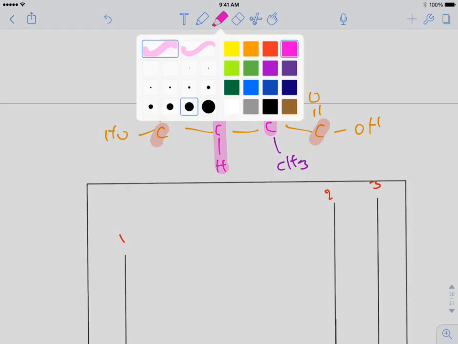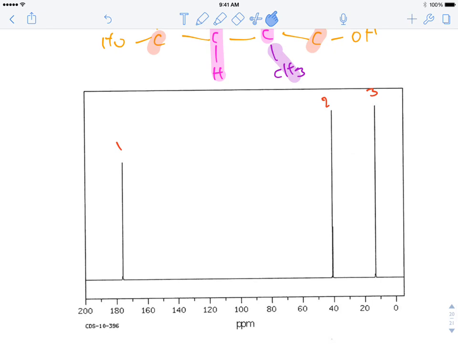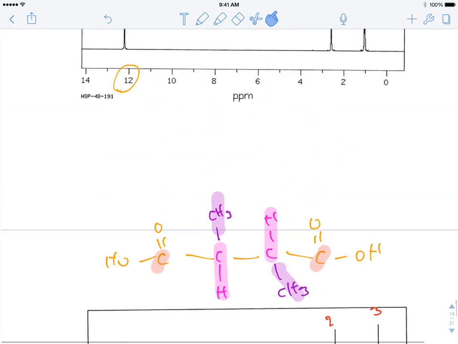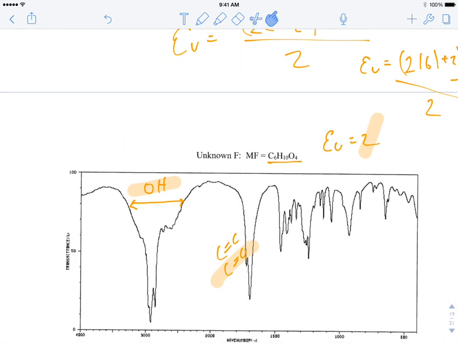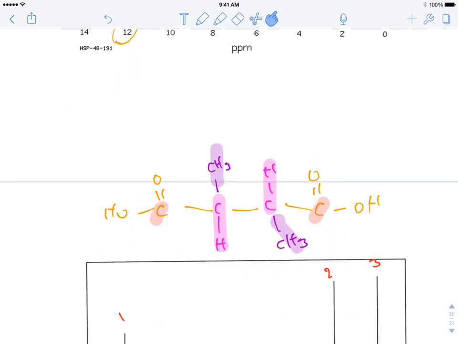And then finally we have methyl groups that are attached onto CHs, and that makes 3. So our symmetry works as well. And since there are 3 different types of carbons, and a total of 6 carbons in the molecular formula, that is also an indication that we will have symmetry.